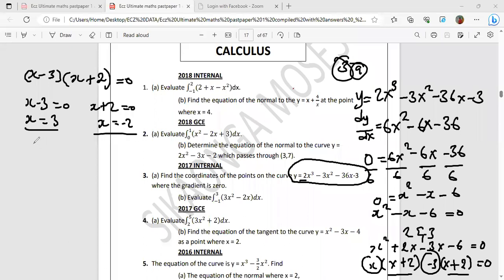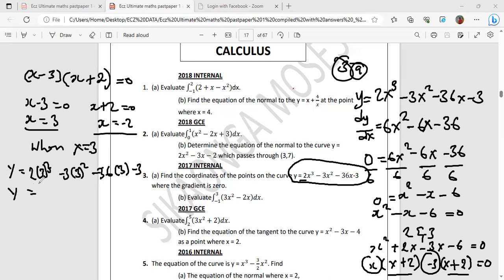When x is equal to 3, y is equal to 2 times 3 cubed, minus 3 times 3 squared, minus 36 multiplying 3, minus 3.